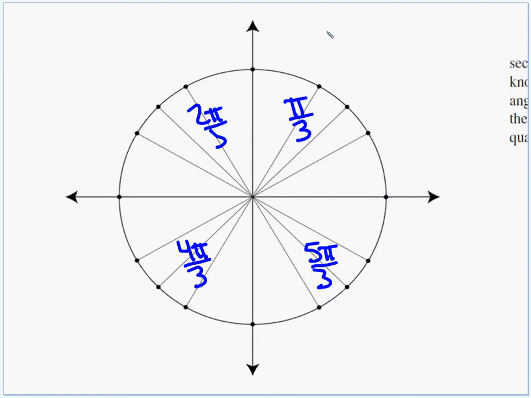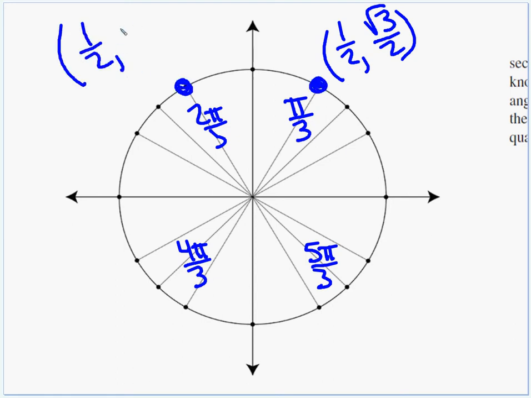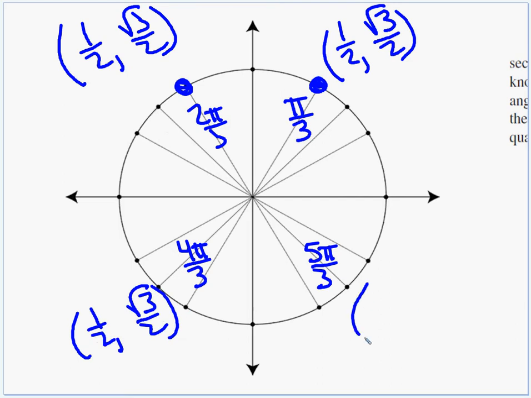So now these points, the x-coordinate is a half, the y-coordinate is root 3 over 2. So all of these, as we work our way around, will have the same values, 1/2, root 3 over 2. But of course, in quadrant 2, the x-coordinate goes negative.